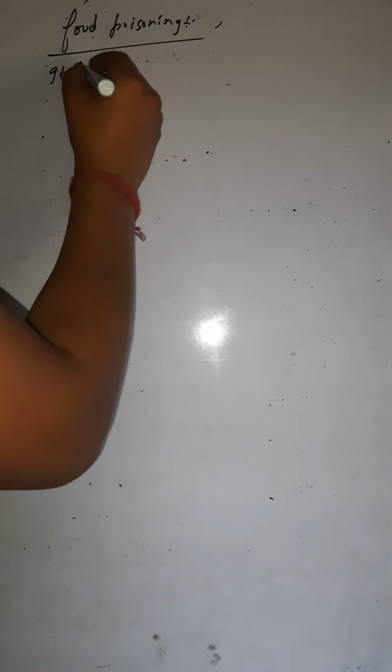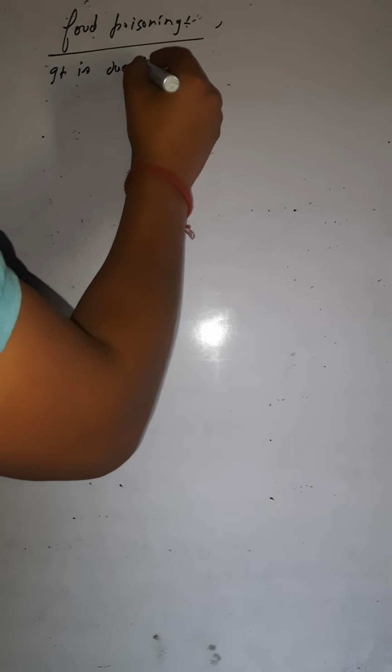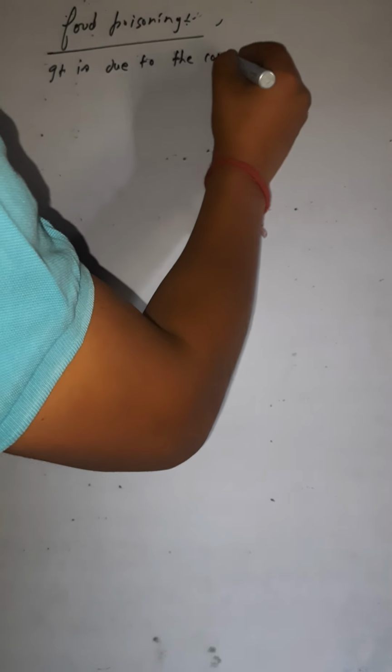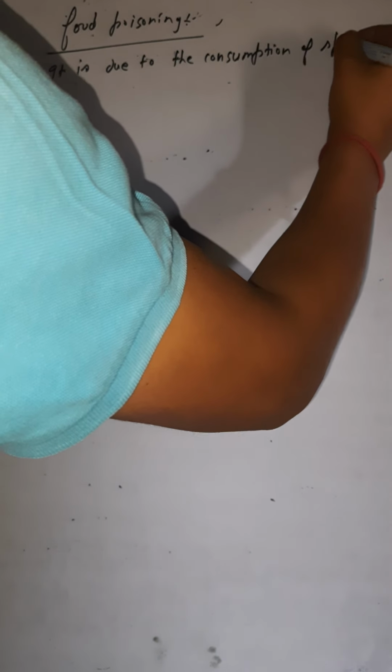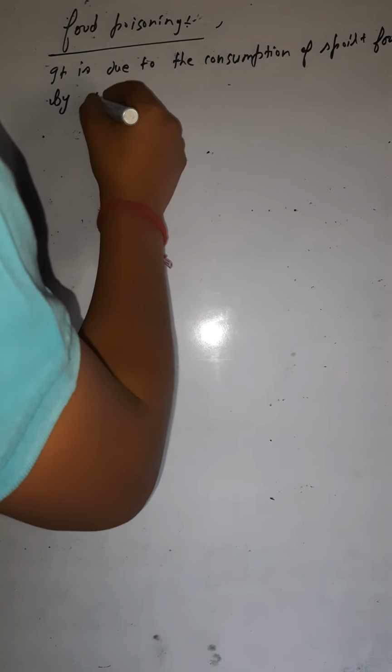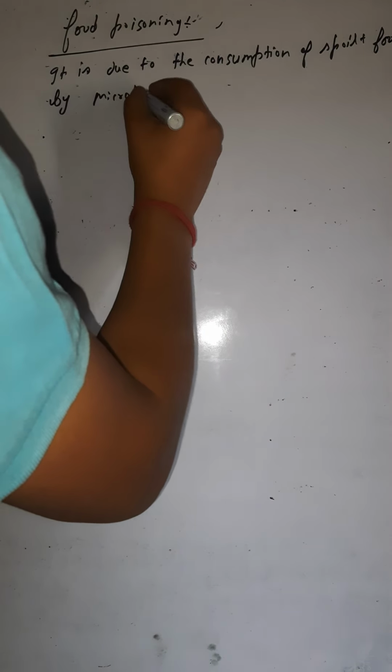I think it is not visible here, let me write it downside. It is due to the consumption of spoiled food by microbes. Are you getting this? So this is food poisoning.